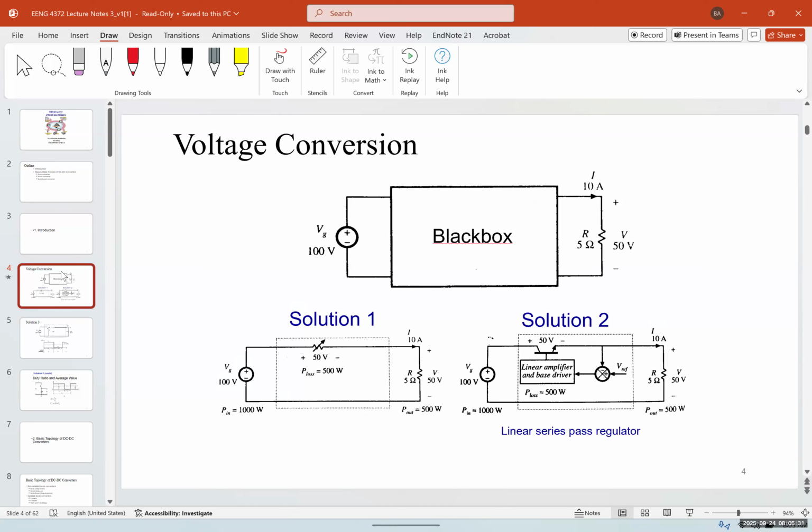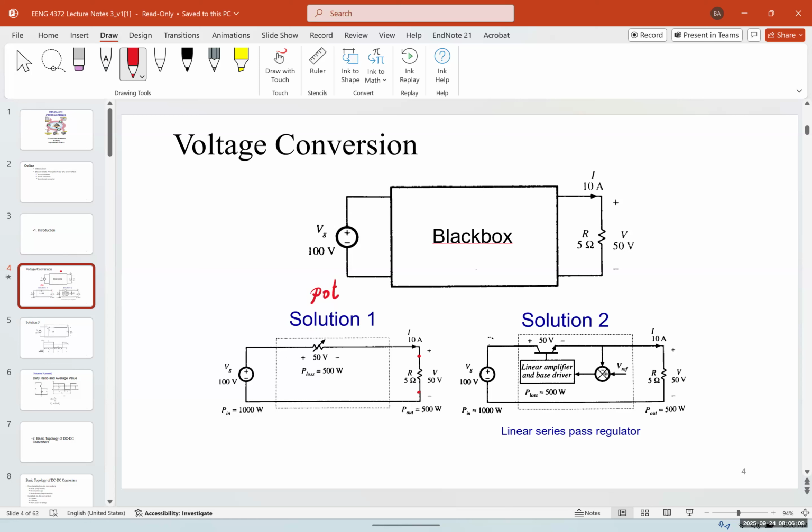The first option that we can use to convert DC to DC is simply to use a potentiometer, what we call a pot. A potentiometer is a variable resistor which we can change, and we can determine the output voltage by changing the resistance of the potentiometer. It uses the principles of the voltage divider, as you remember.